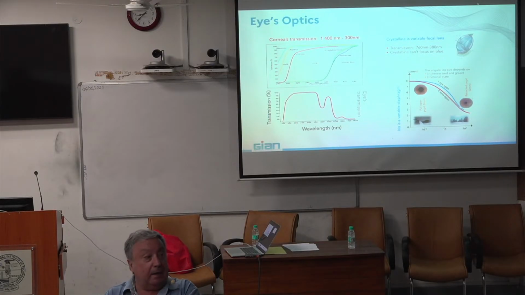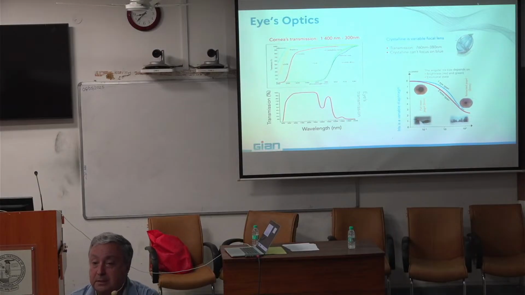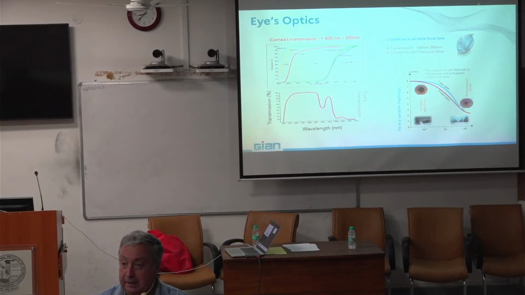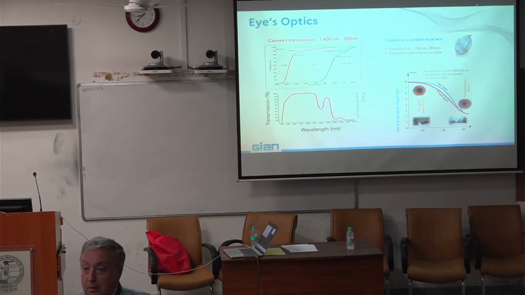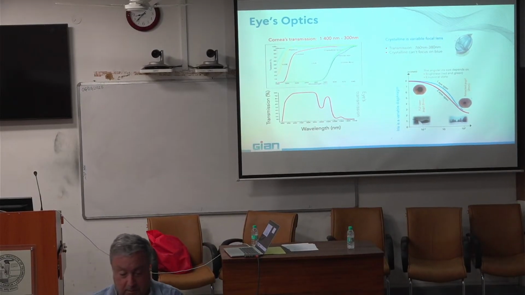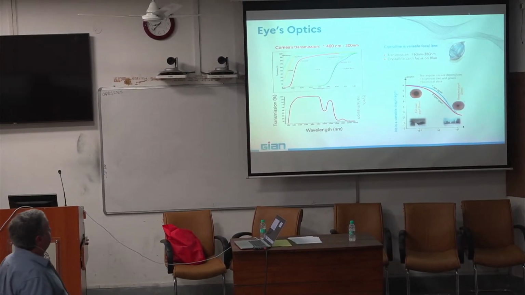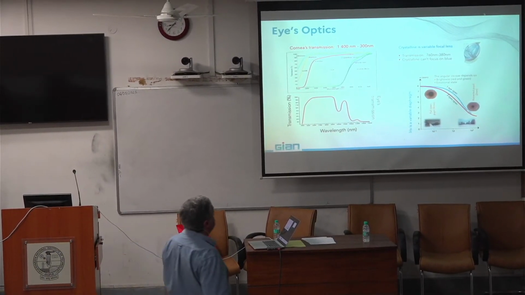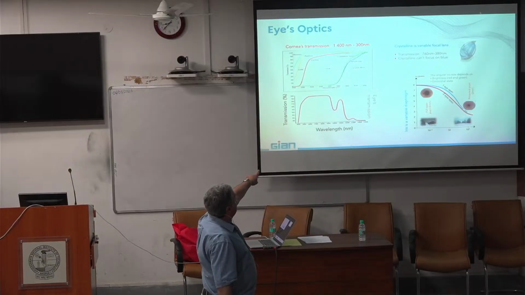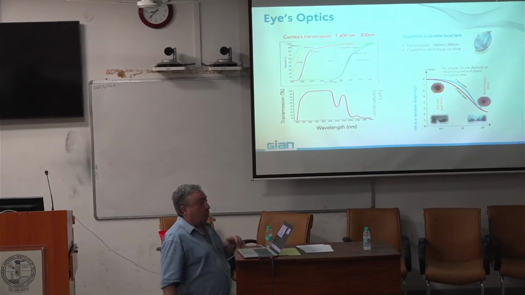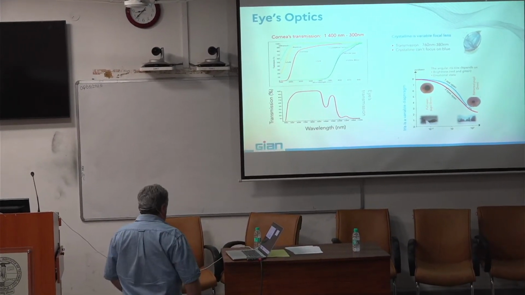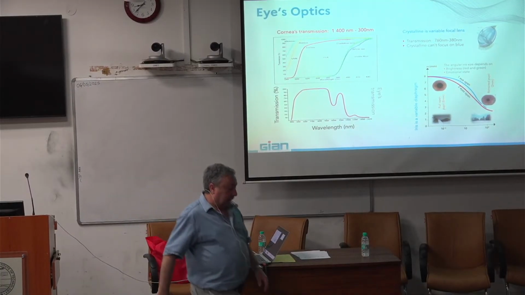Okay, but remember, the light is defined between 780 and 360 nanometers. That means no infrared at all, no UV, because both can be harmful for our eye.